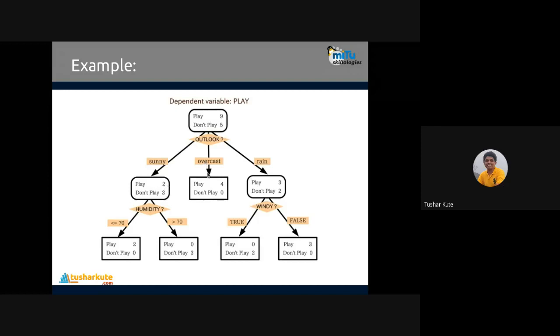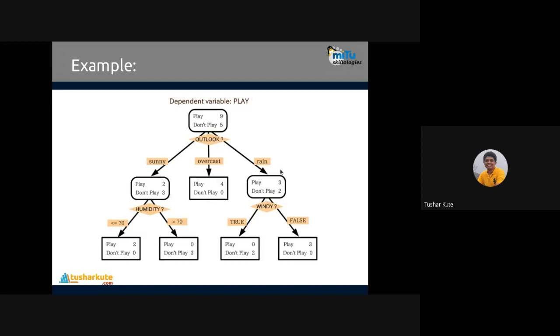Outlook is overcast, play 4 times and don't play 0 times. Decision is finalized here. The first decision is completed. For the second decision, it is 0. When outlook is overcast, nothing more is possible. So every time the outlook is overcast, you have played the game.